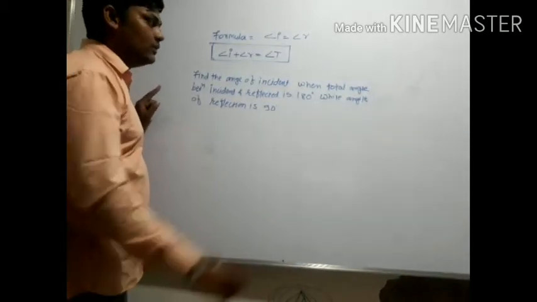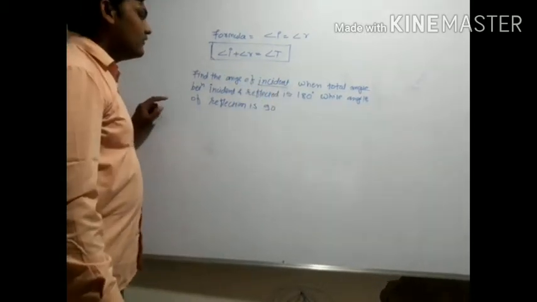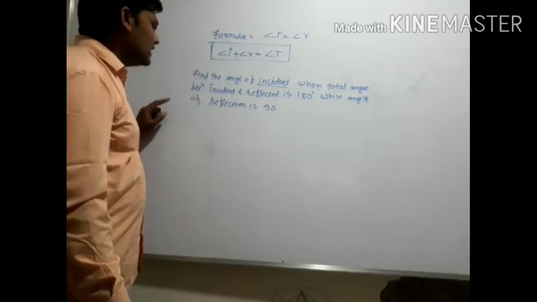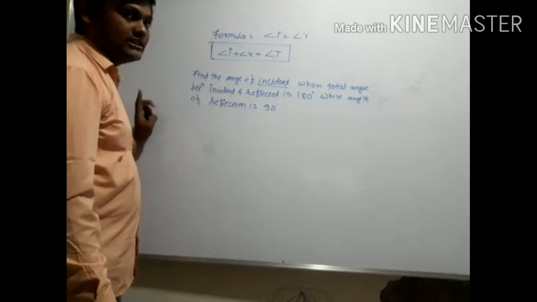Here, what do we have to find out? The angle of incidence. Find the angle of incidence when the total angle between incident and reflected is 180, while the angle of reflection is 90 degrees.